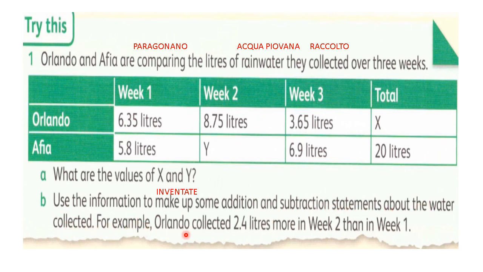For example, Orlando collected 2.4 liters more in week 2 than in week 1. So make up a few sentences with decimals of your own, just like this example here. We'll correct this during the lesson.